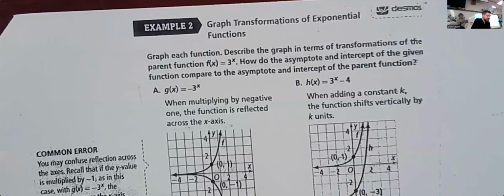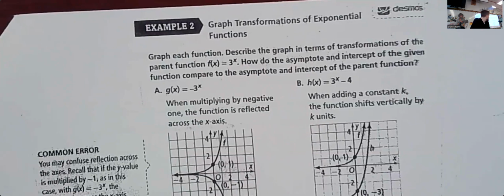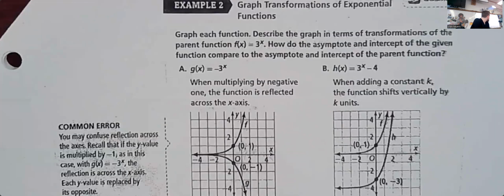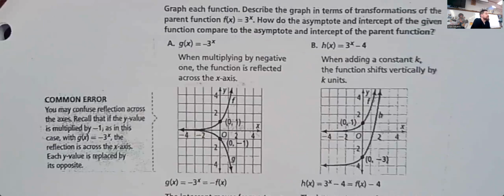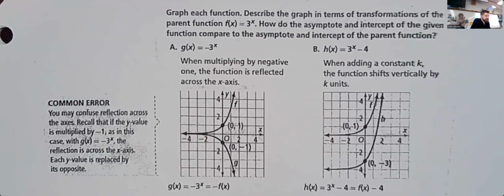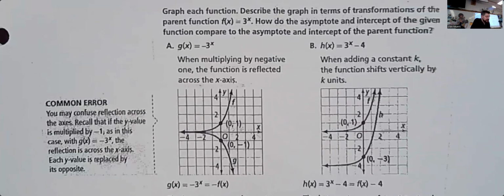All right. Now, we get to talk more about a on this page, the value of a, because the value of a doesn't just determine the y-intercept. The value of a also determines which direction our exponential growth or decay ends up going.